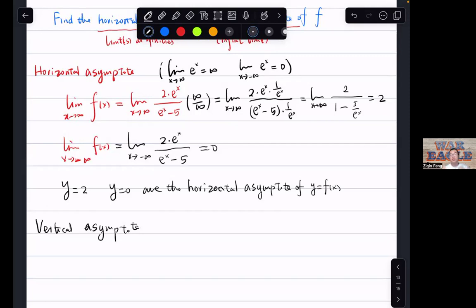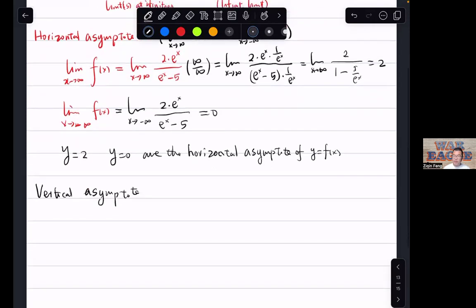So basically you start from the solutions of the equation obtained by setting the denominator equal to 0. Our denominator is e to x minus 5, so we set that equal to 0, and we get x is natural log of 5.